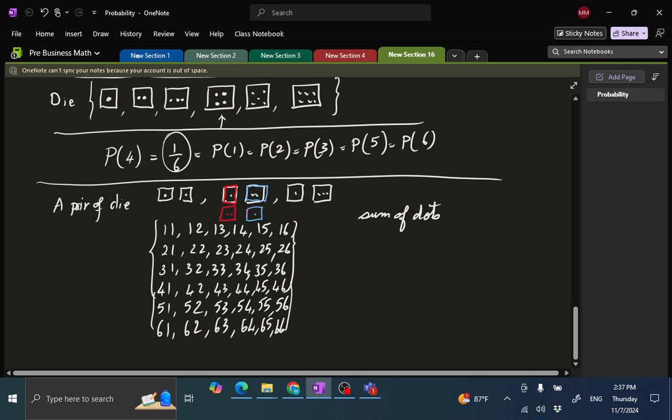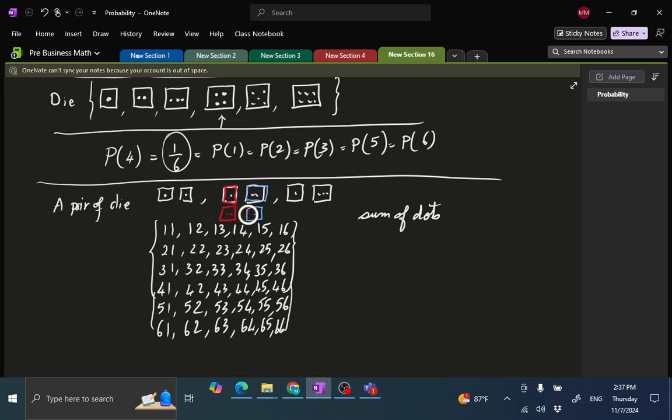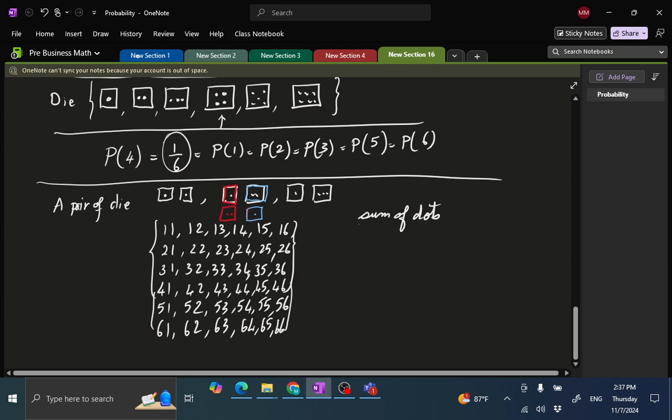So when you get 1 2, you say I got 3, and this is also a 3. If you get 6 6, double 6, you say I got 12. If you got 1 1, you say I got 2.